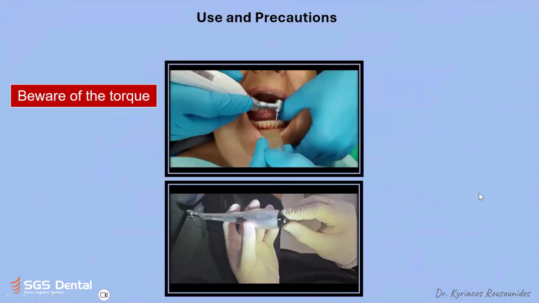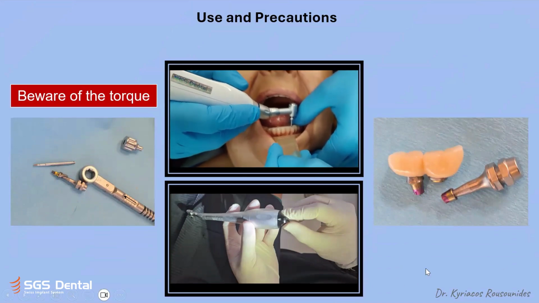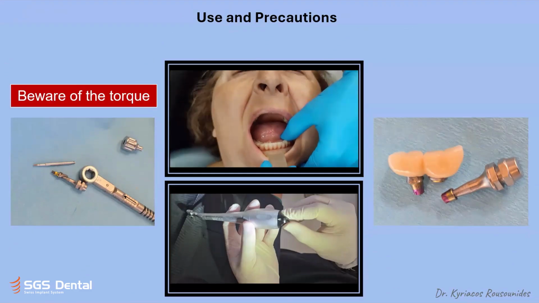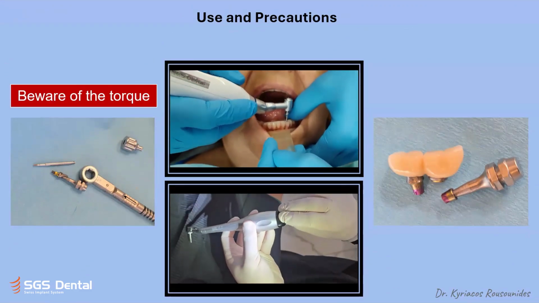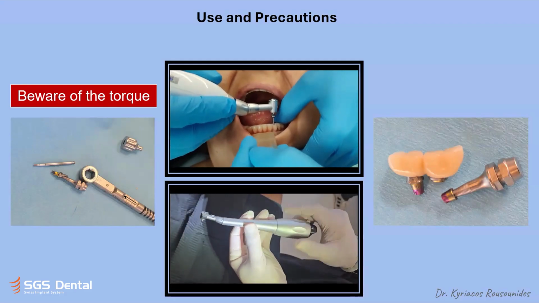So another thing, because in the past we had a lot of problems with broken screws, especially with small screws of the multi-units. Here is how we remove some of the parts. I think it will be in next year's planning, like a rescue kit from SGS.